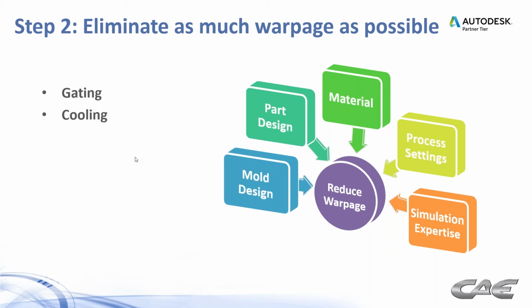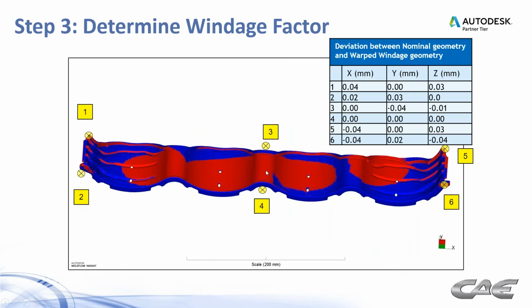We want to make sure we've got cooling lines in the right position and sized properly. We want to look at part design modifications. We want to make sure that we've got good material properties. By process settings, we want to make sure that we don't have to hit a super small target to be able to get the warpage reduced as much as we can.